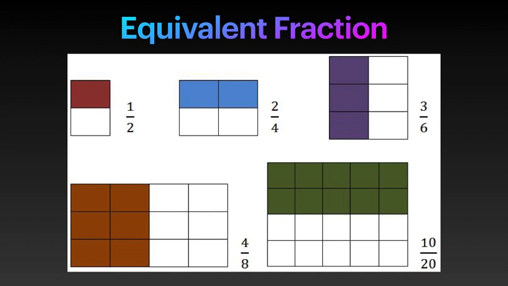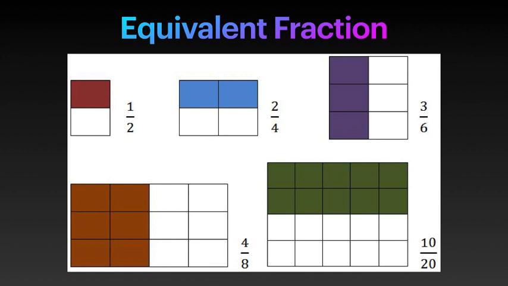3 by 6 is equal to half in proportion. It is also equal to 2 by 4 because they are all the same proportion. Now you understand all the fractions on the screen are equal to half in proportion.